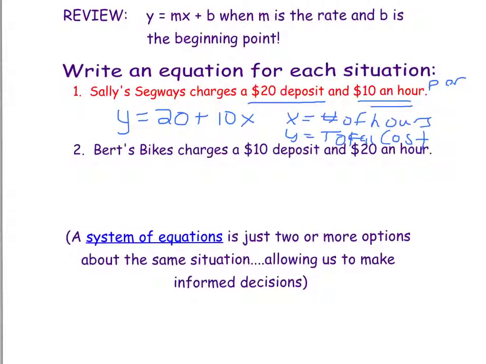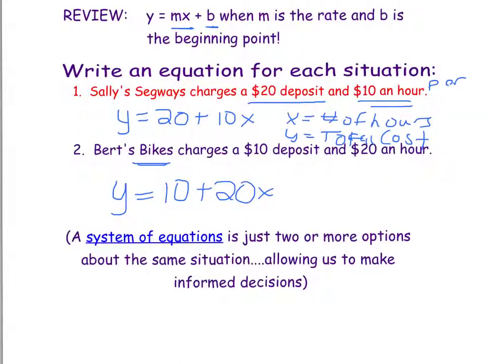Okay, and I know that these two are switched. The M and the MX and the B are switched around, and it doesn't matter because of the commutative property with that addition. When I'm talking about application problems, I like to put them in the order that I think about it. I would think about it as 20 up front plus 10 for each hour. Alright, so Bert's bikes, his total cost is $10 up front plus 20 an hour.